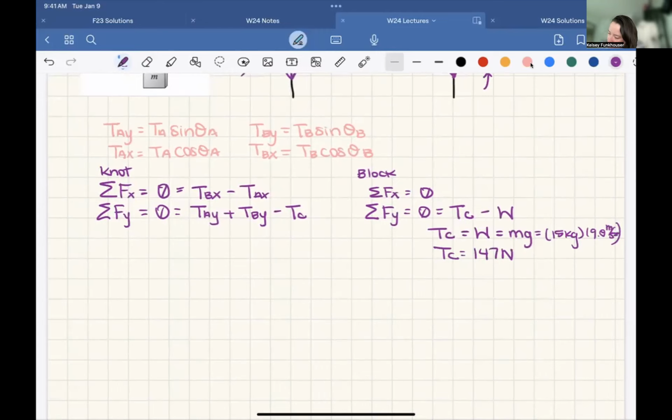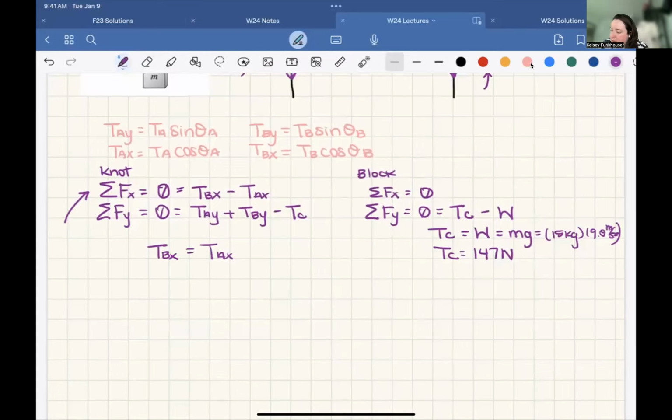Now let's move back to the force equations for the knot. Let's just see what we can do with these. So for the X equation, we can again add tension A to both sides. And so then we have that the x component of B is equal to the x component of A. That makes sense because those are the only forces in the x direction and we have no acceleration.